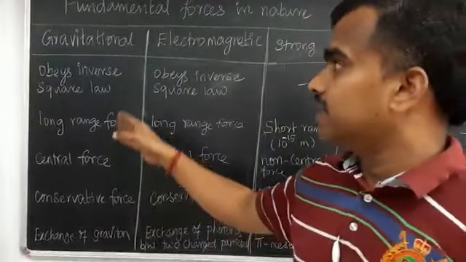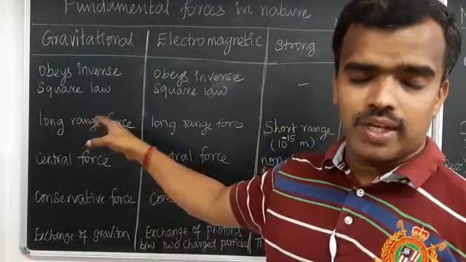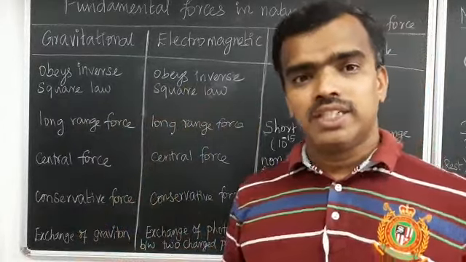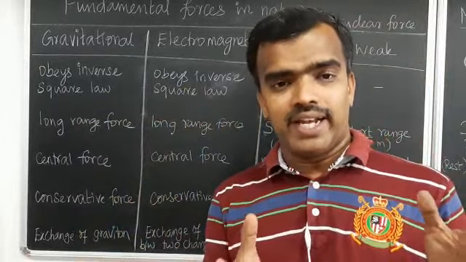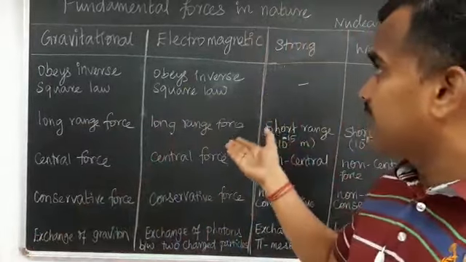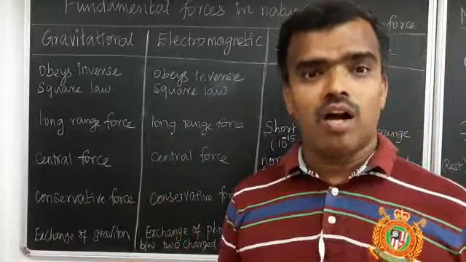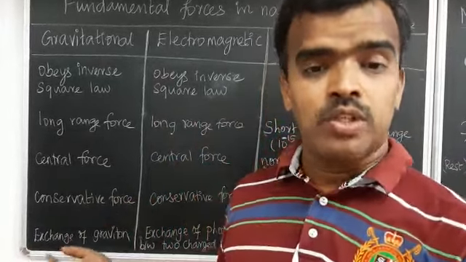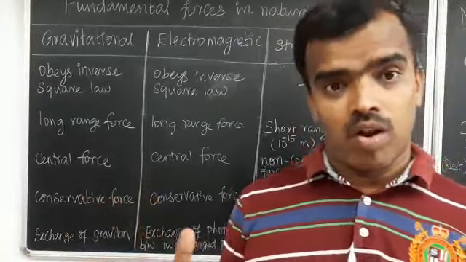And the second point, these gravitational and electromagnetic forces are long range forces. See, the attraction between the sun and earth is long range, right? And similarly, the electromagnetic force is also long range, electromagnetic radiations, right? That also belongs to this category, all long range.